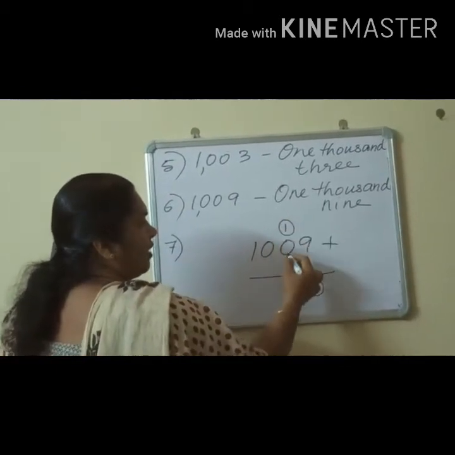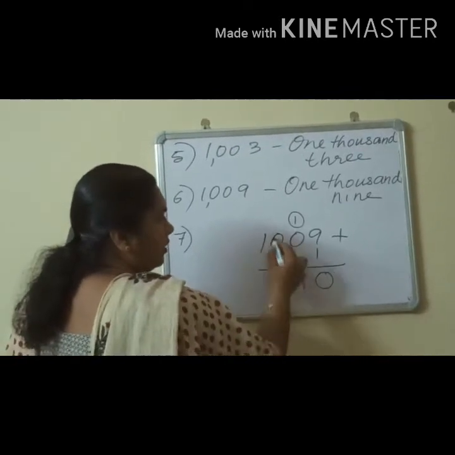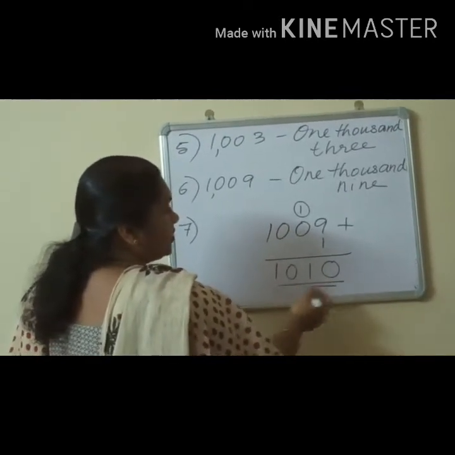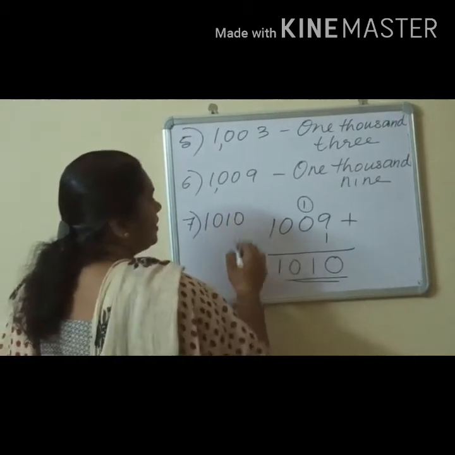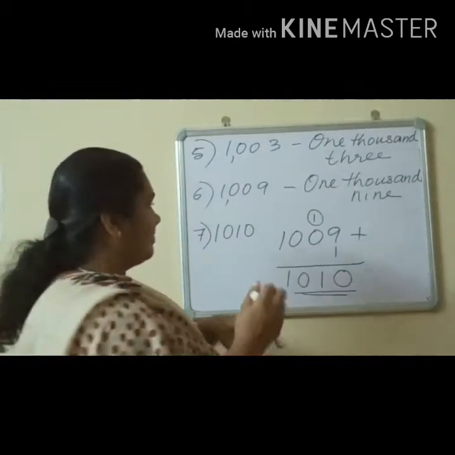Carry 1. 1 plus 0, 1. Here nothing is there. So this is called 1010.